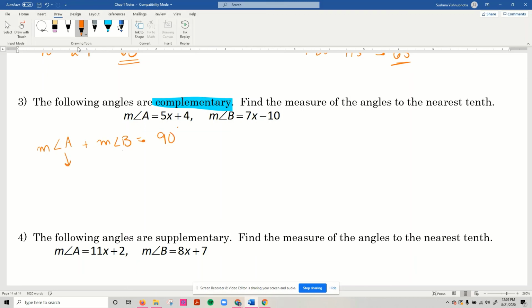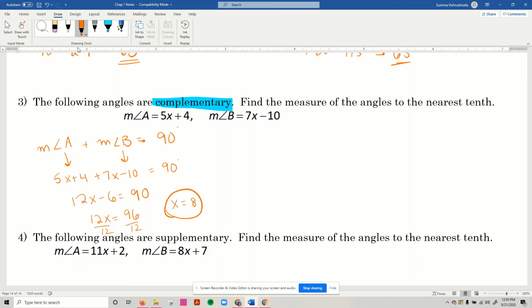And you can go ahead and substitute 5x plus 4 plus 7x minus 10 to give you 90. Combine like terms. Add 6 to both sides. Divide by 12. So you should get x is equal to 8.